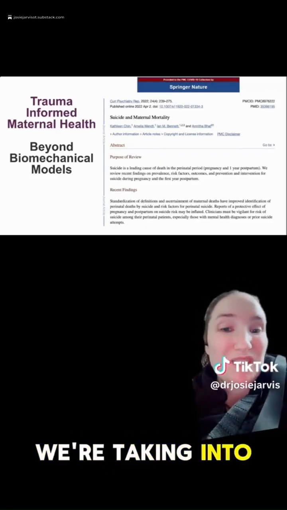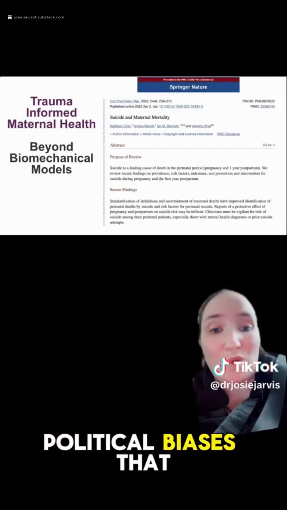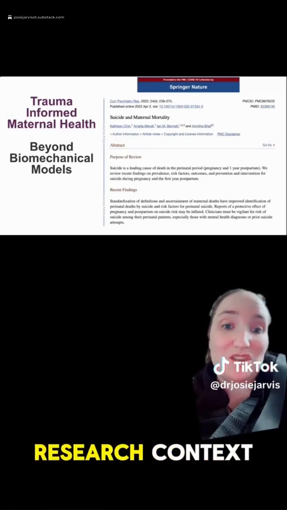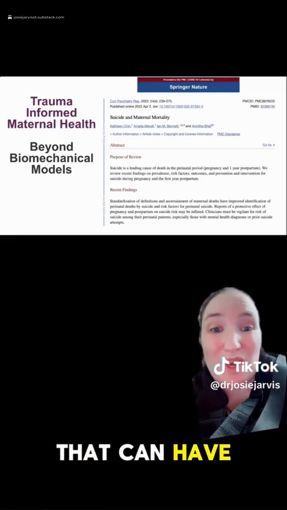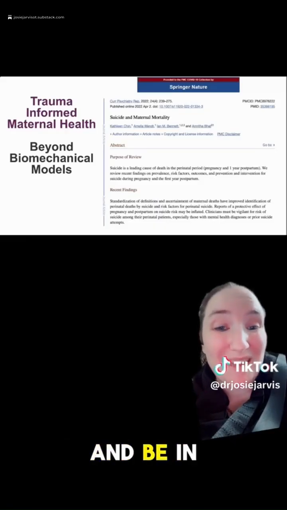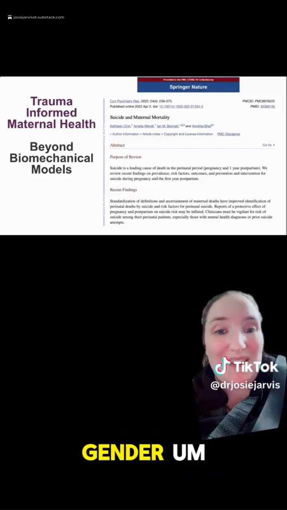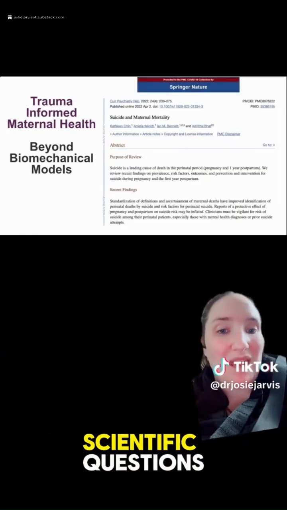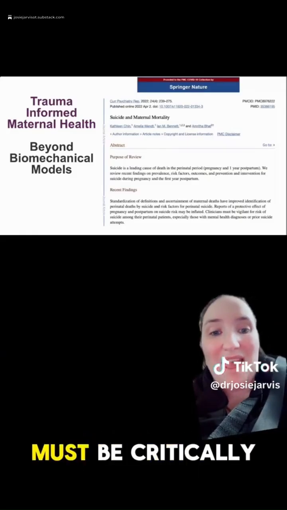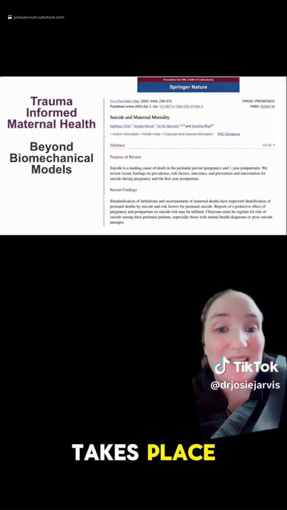Unless we have a conscious awareness of our socio-political biases that filter into STEM research contexts, we are failing to implement research and work that can have pragmatic impact and be in scientific integrity. We should not be perpetuating gender and ethnicity bias in how we're conducting our biomechanical scientific questions, and that work must be critically reflected upon before the research even takes place.